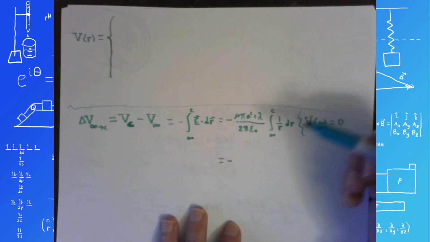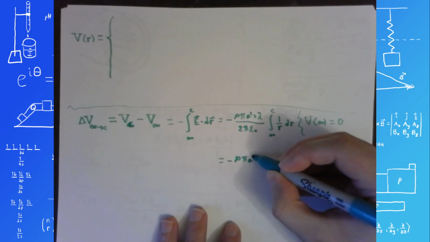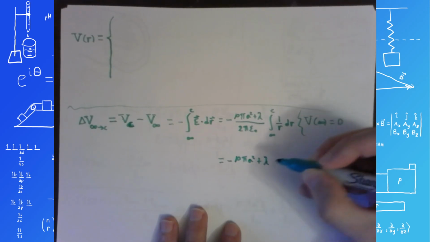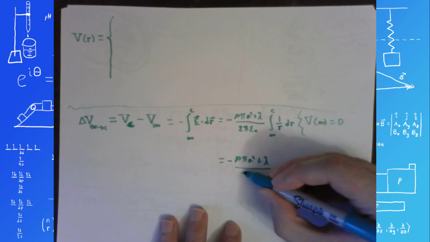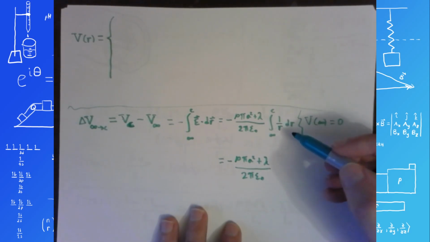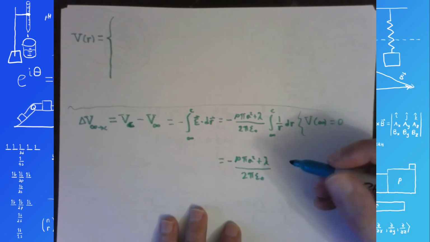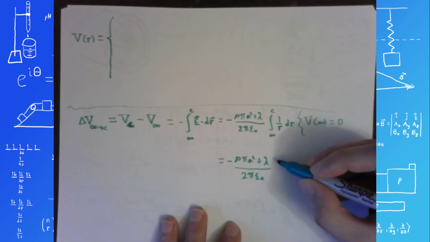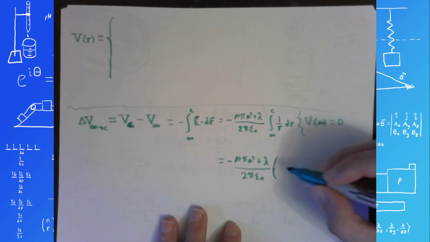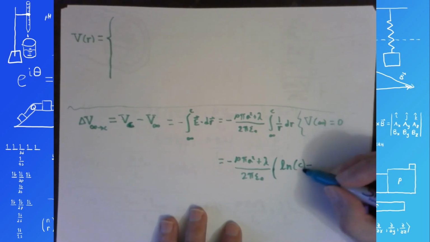Negative rho pi a squared plus lambda over 2 pi epsilon naught times, this is going to be natural log of c minus natural log of infinity. Oh goodness. This is not going to work.